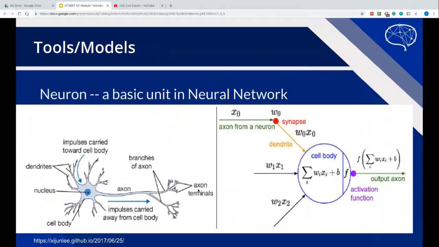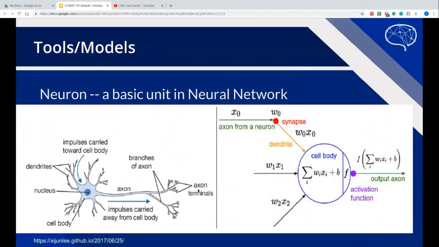Right now it looks like a linear regression formula, because you have sort of mx plus b, but here the m is W. This part simulates the cell body itself. And in terms of the threshold that we have in a biological neuron, we use something called an activation function to mimic this behavior.